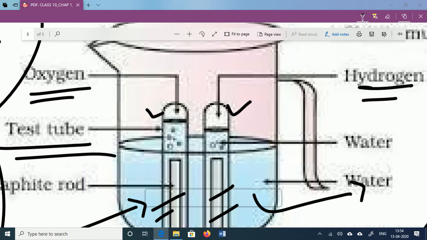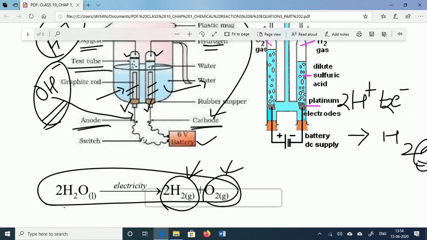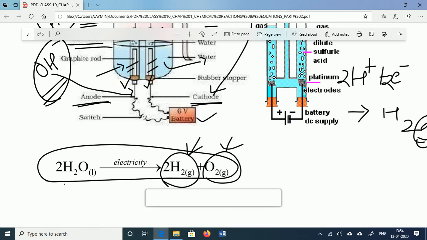Because when two molecules of water undergo the electrolysis, they produce two molecules of hydrogen gas and only one molecule of oxygen gas. So that's why the hydrogen quantity is always double the oxygen quantity in the electrolysis process.